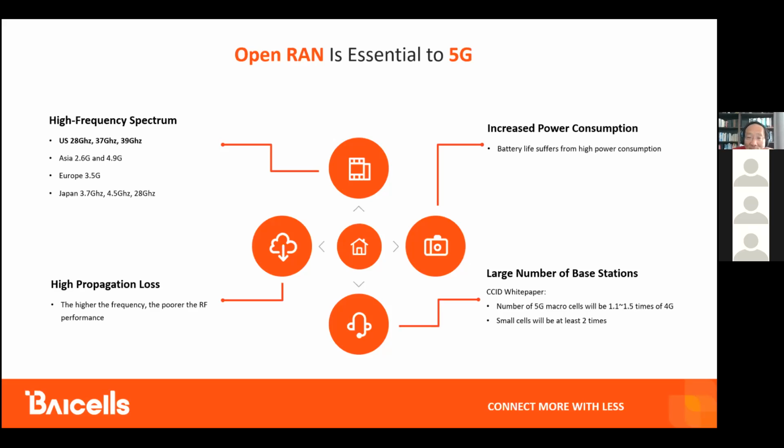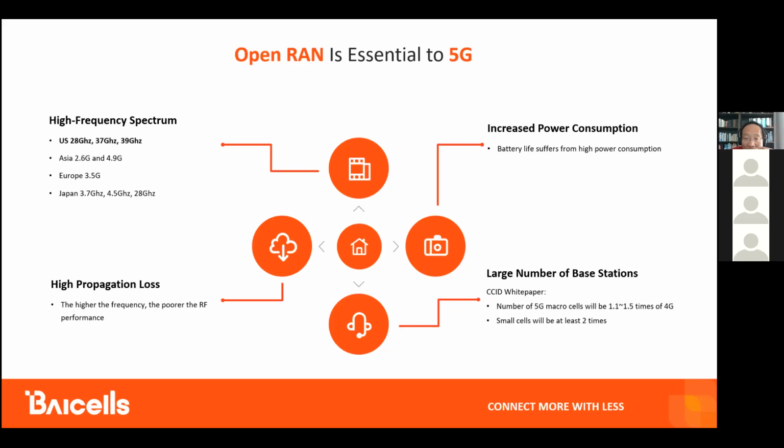And lastly, because of the 5G high frequency spectrum that the devices are working with, the average number of base stations required to cover a 5G network is bigger compared to 4G. For example, the number of macro cells will be up to 1.5 times more than 4G to provide the same coverage.